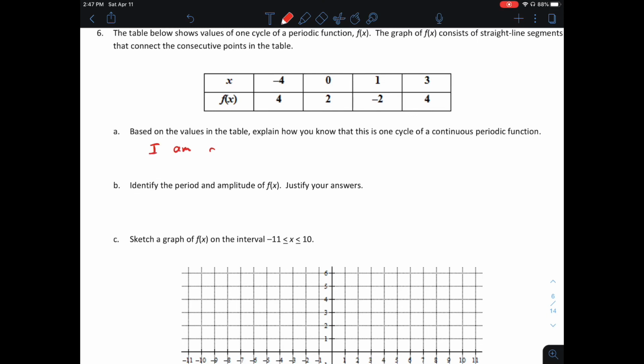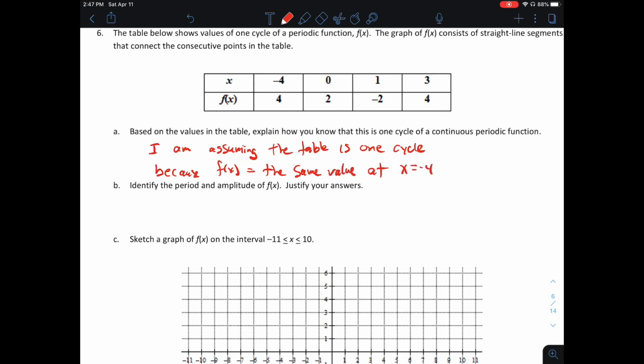So I'm going to say that I am assuming the table is one cycle. Now, why could I assume that? That's because f of x is equal to the same value at x equals -4 and x equals 3.